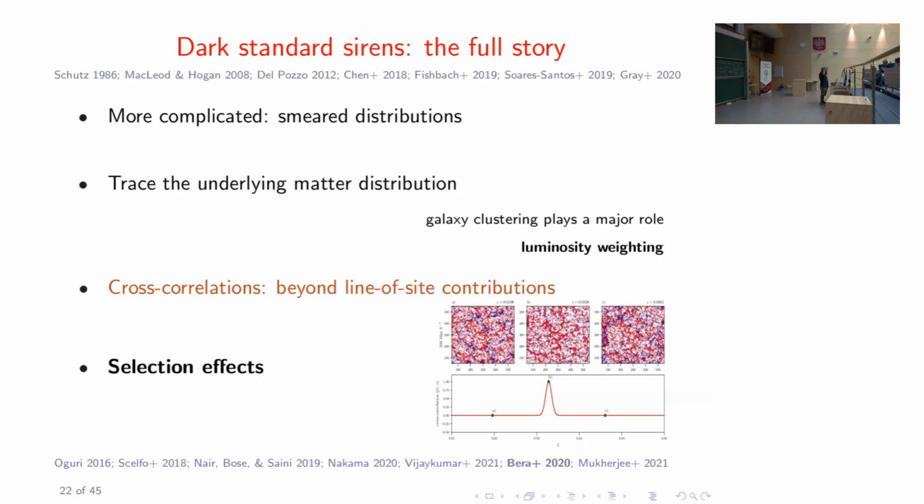For example, you know that the matter power spectral density peaks at a certain scale. If the peak in the distance scale matches with the peak in the redshift scale, then you have the right value of the cosmological parameters. So this way, beyond line of sight contributions can also give you a distance estimate.